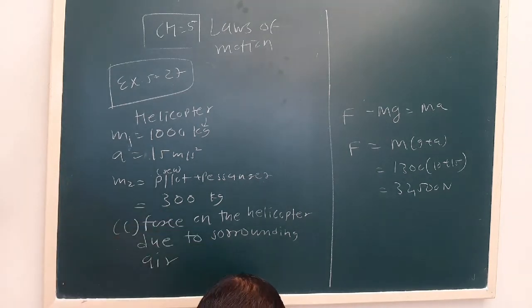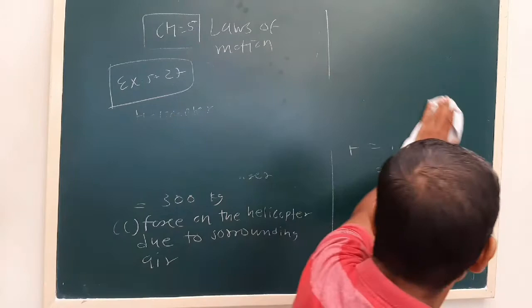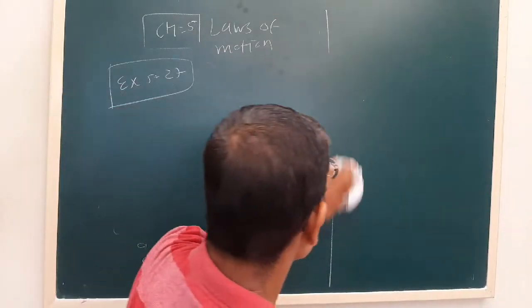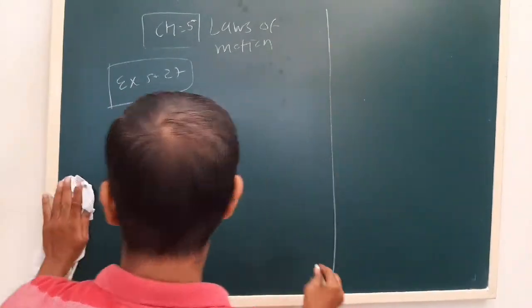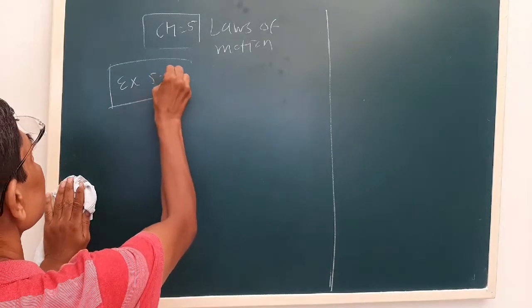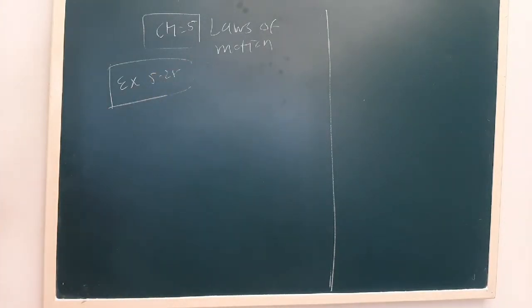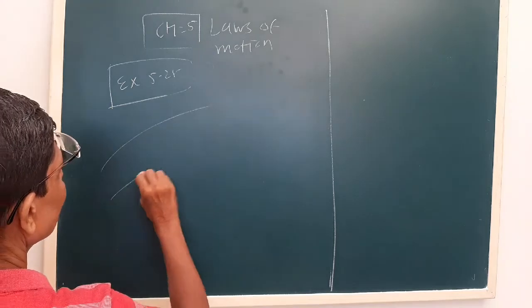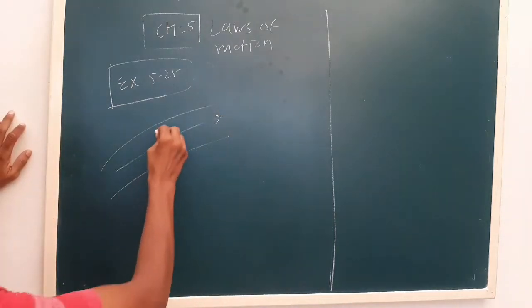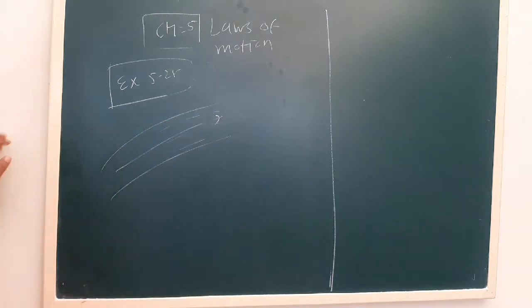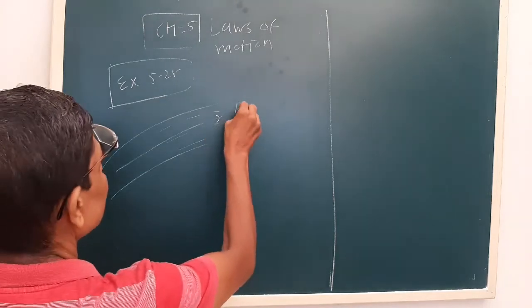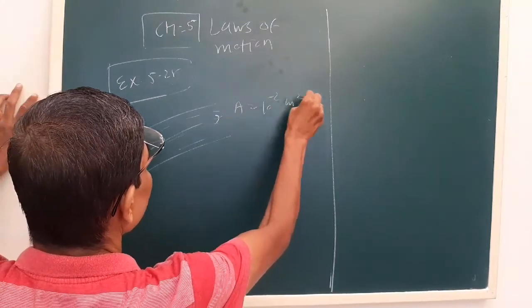Now our next sum is exercise number 5.28. Now see, let us say the tube is like this. From that water is coming out. The area of the tube is 10 to the minus 2 meters square.